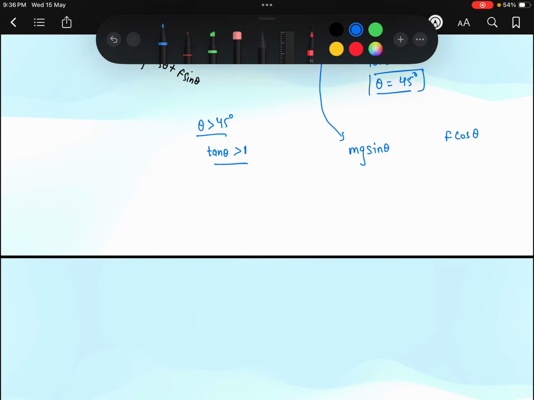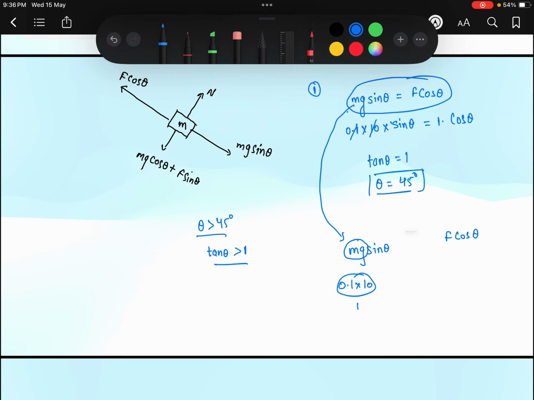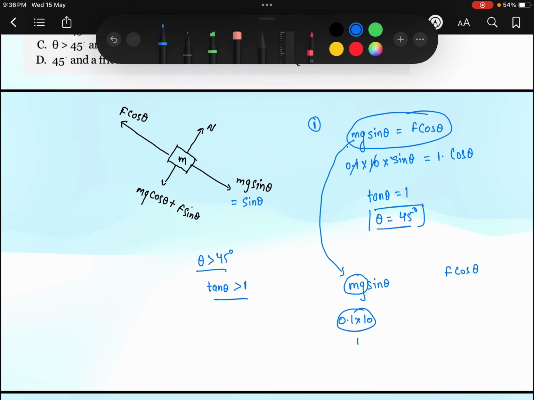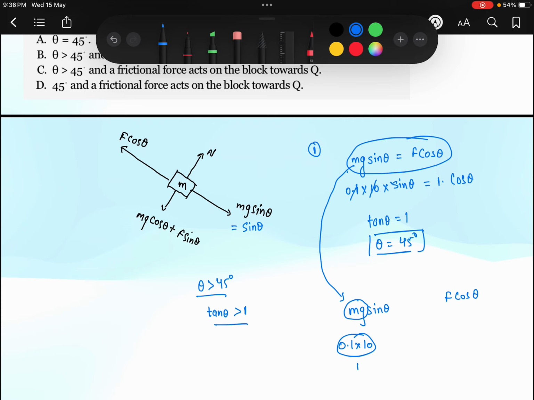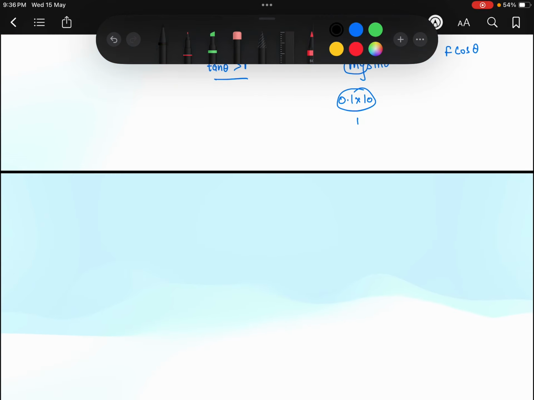If I write the value of mg, that will be 0.1 multiplied by 10, so it will be 1 only. So the downward force acting on this block is sin theta, and if I substitute the value of F, the upward force acting on this block is cos theta. So I will draw the situation again. Now if this is our block, and the downward force acting on this block is sin theta, and the upward force is cos theta.